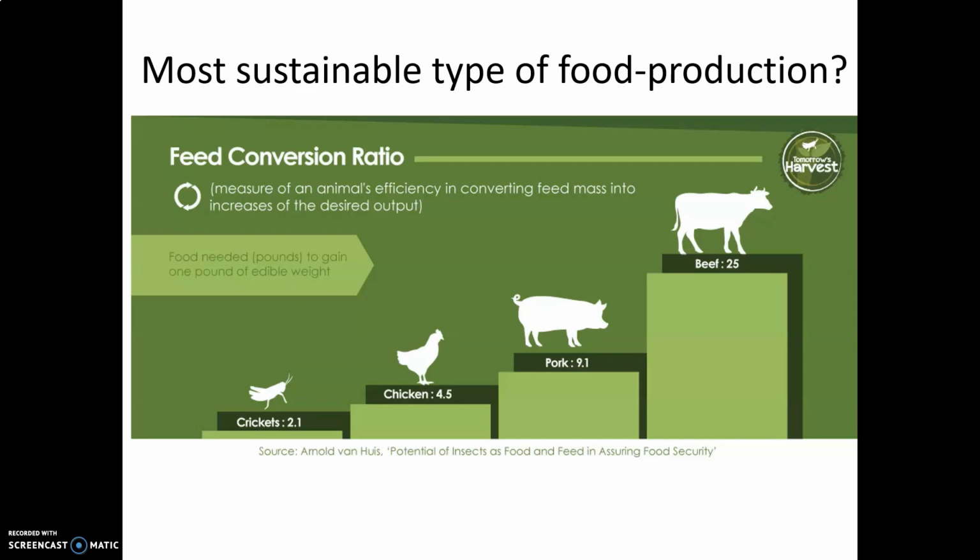Could we maybe keep a slightly higher temperature in the stables, or a slightly lower temperature, or whatever, to make them lower the rate of respiration and all those sorts of things. So we can use numbers or tables for feed conversion ratios to assess the sustainability of different food items.